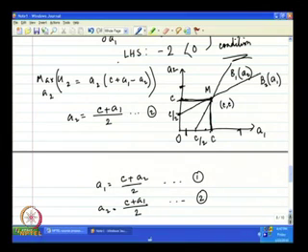Similarly, from here if I go up, I reach the B2 line, and from B2 I read out that this is again coming back to the same point C. So, going from the same point and coming back to the same point, that is why this is a Nash equilibrium.